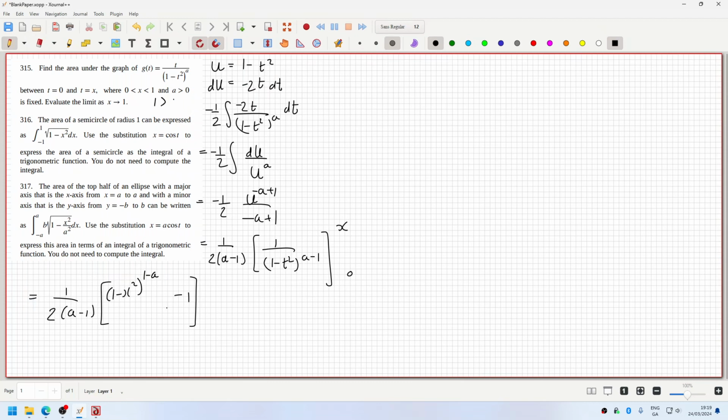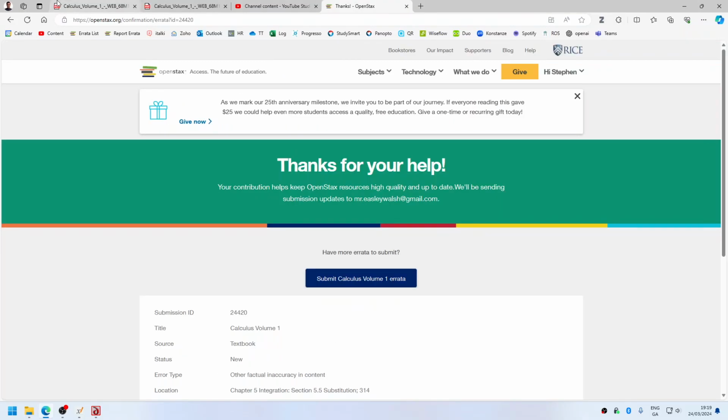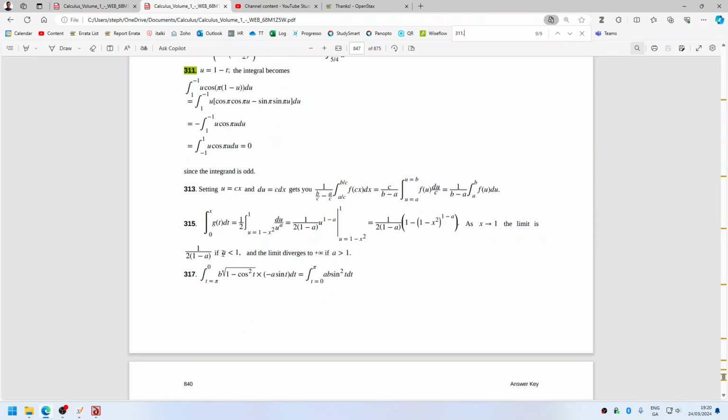So if we say that, then this will become 0. So it becomes 1 over 2(1 minus a), which I could possibly check. Yeah, if a is less than 1, and the limit diverges if a is more than 1.